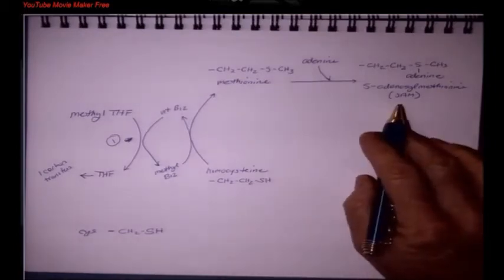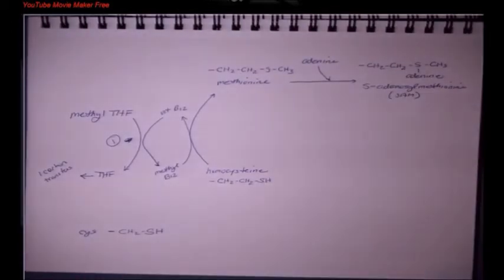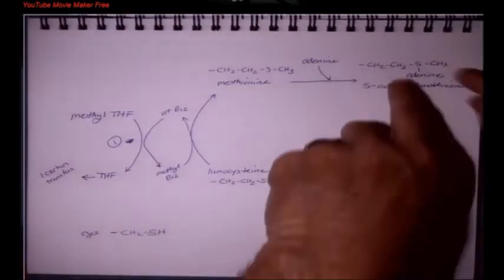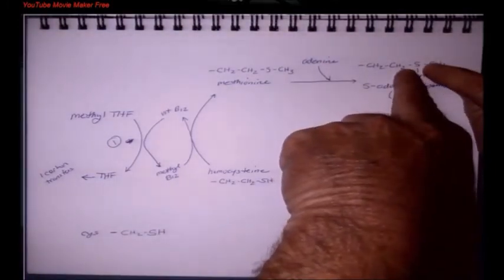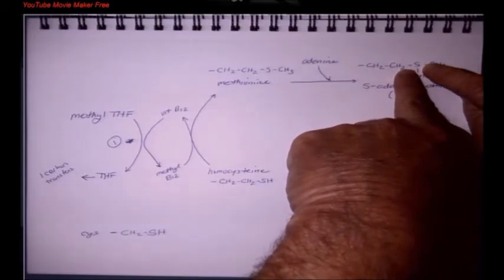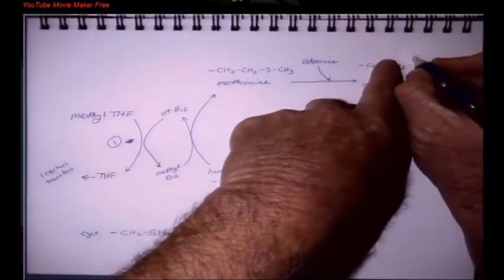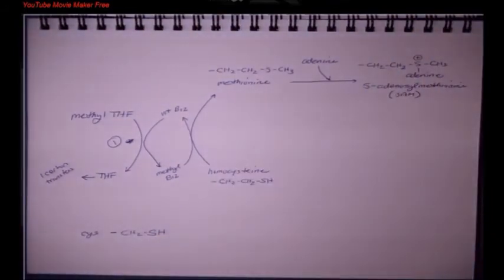We're going to make SAM. Now, what we're doing here is, for those of you that are interested in chemistry, does sulfur like 3 bonds? Obviously, that's a rhetorical question, so no. Sulfur doesn't like 3 bonds, it likes 2 bonds. So what we're creating here is an unstable sulfur, which means that we are generating a good carbon donor.